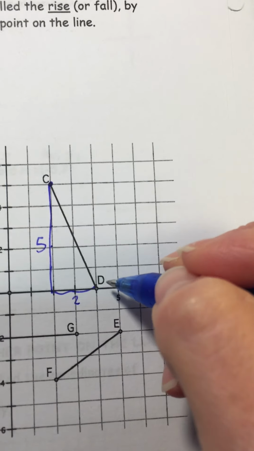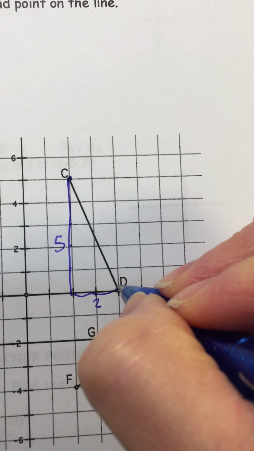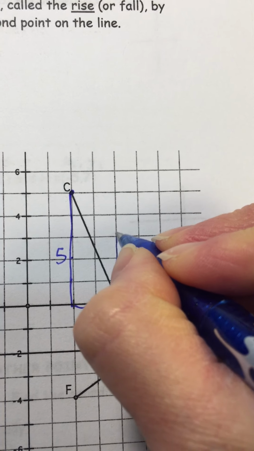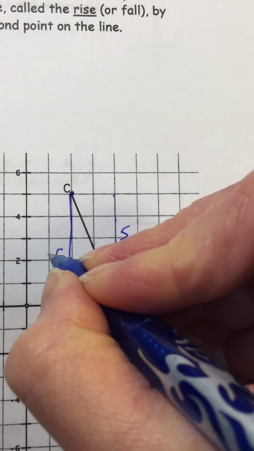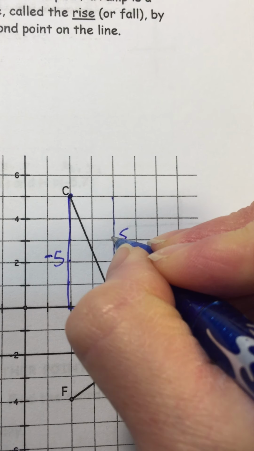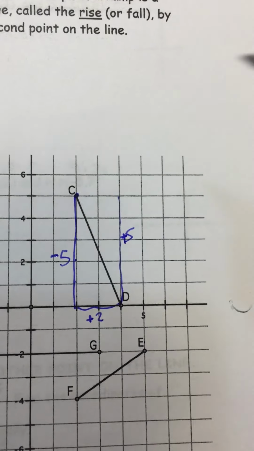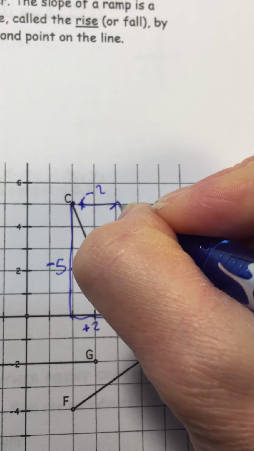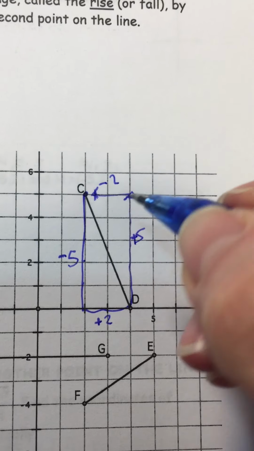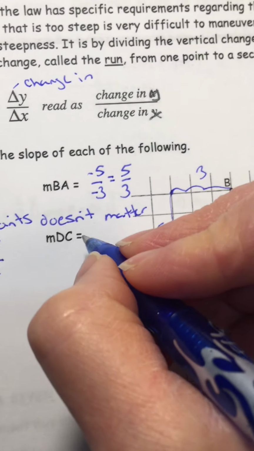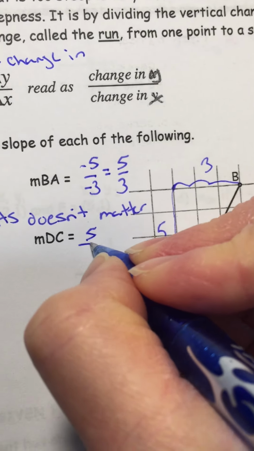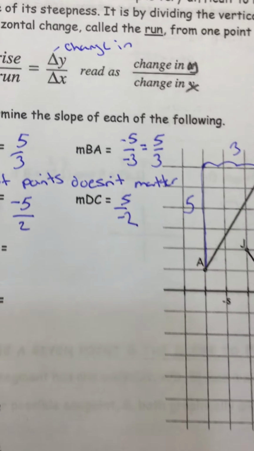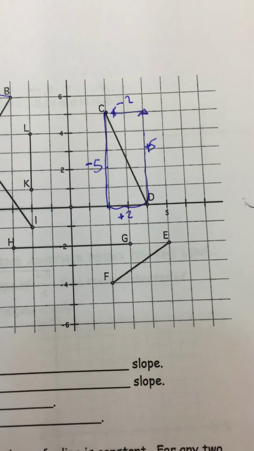From D to C, I could have said, I'm going to rise 1, 2, 3, 4, 5 in the positive direction, and then I'm going to run in the negative direction. Notice they're the same. Order of points doesn't matter.